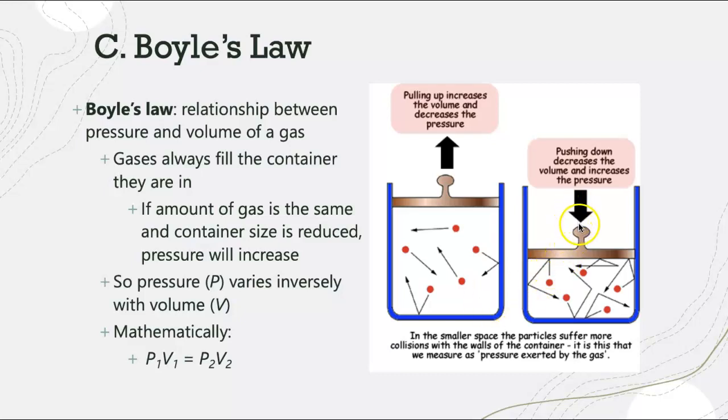But if we were to pull this cap down here, decreasing the volume that that gas has to move around and bounce off of each other, we increase the amount of pressure. So noting this relationship, we could say that pressure varies inversely with the volume, and mathematically could be represented as pressure 1 multiplied by volume 1 equals pressure 2 multiplied by volume 2.